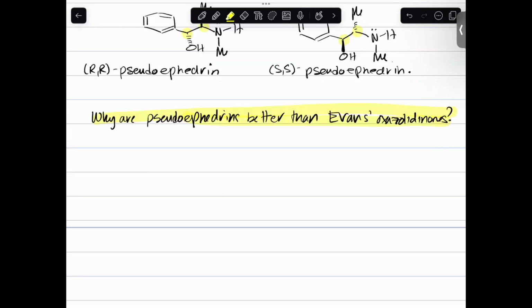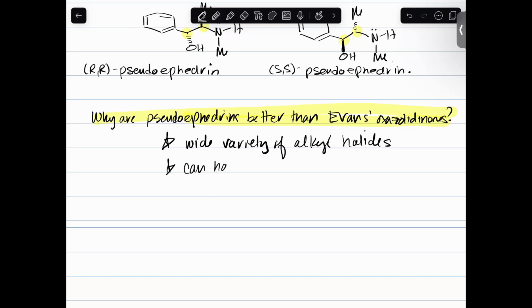If you remember from last week's lecture, Evans oxazolidinones were limited with the type of alkyl halides you could use. For these pseudoephedrines, you can use a wide variety of alkyl halides. Specifically, you can have beta branched alkyl halides.